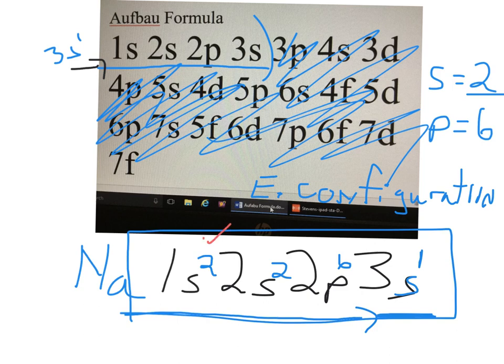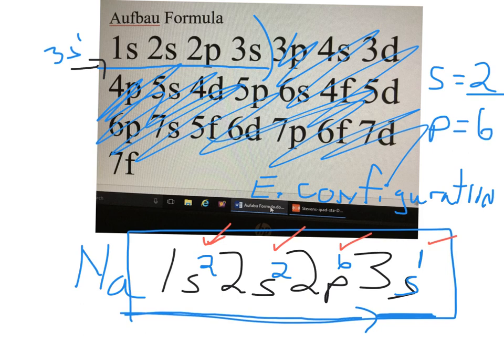If you look at the top number, I have 2 electrons plus another 2. How much does that equal? 4, very good. 4 plus 6 is 10. And then 10 plus 1 is 11. So now look at your periodic table.